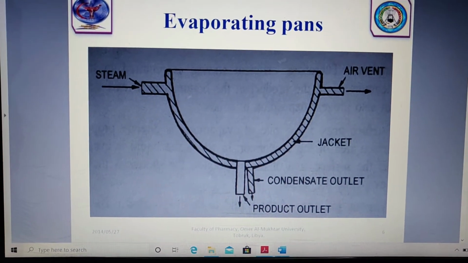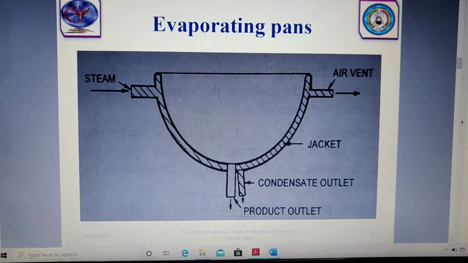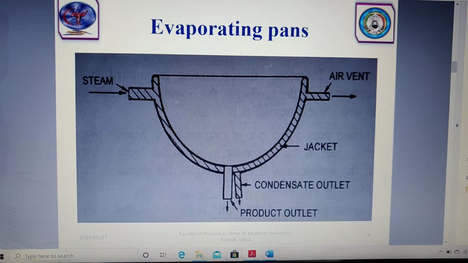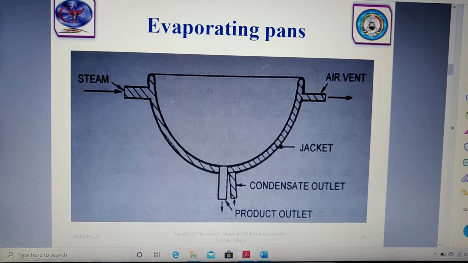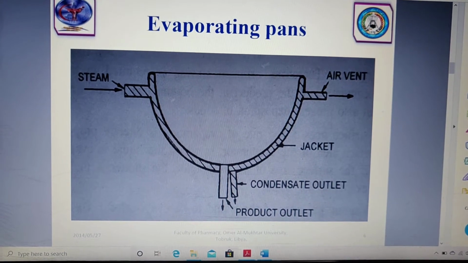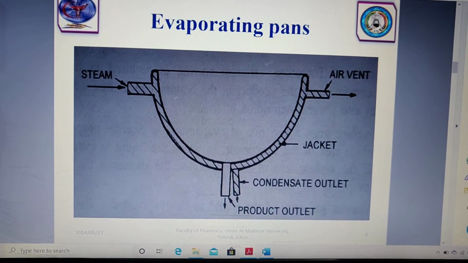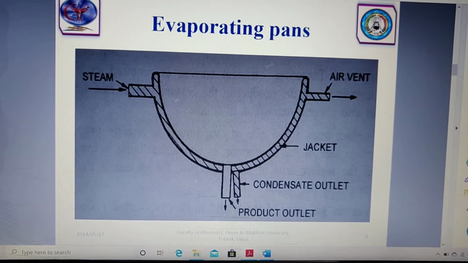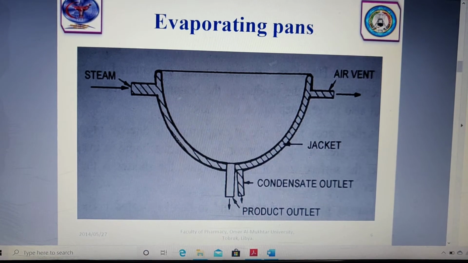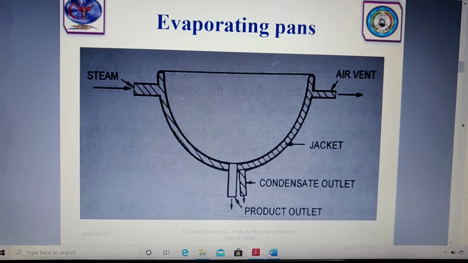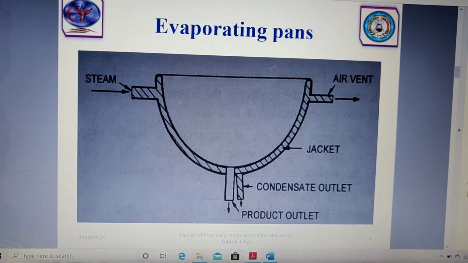Okay, now how you have to study? You have to first study the principle, then you have to draw the diagram, construction and working, then uses, advantages, disadvantages. So here, what is the principle? The principle is that steam is applied to the evaporating pan, which passes the heat by conduction or convection to the extract inside.